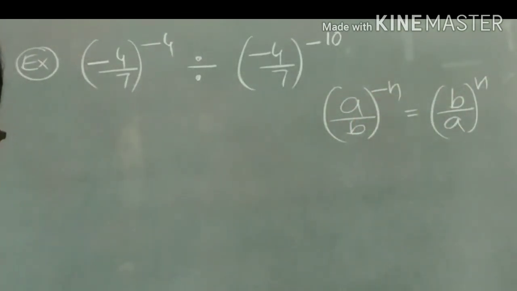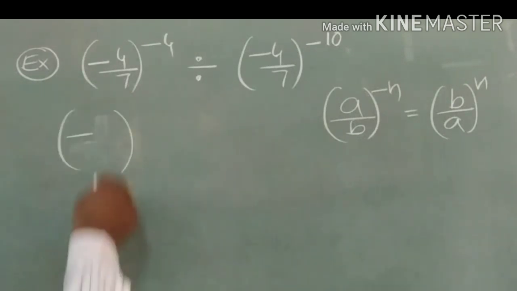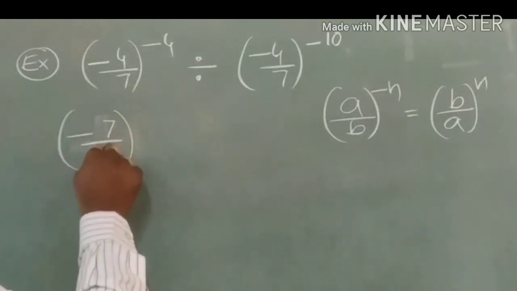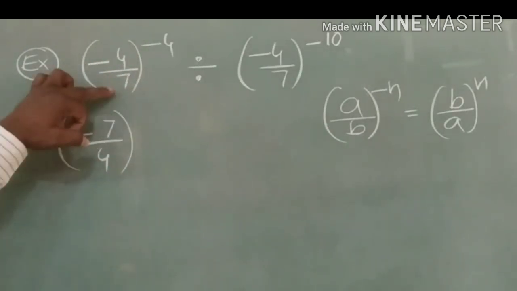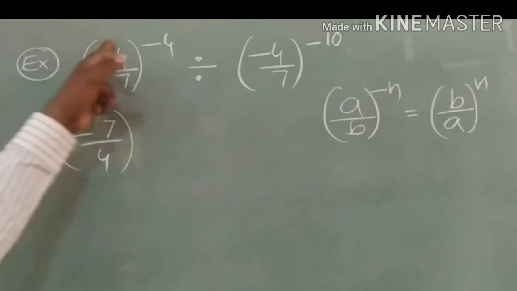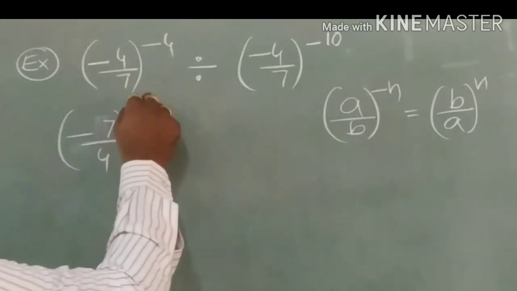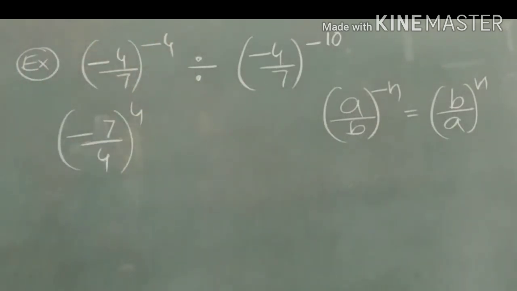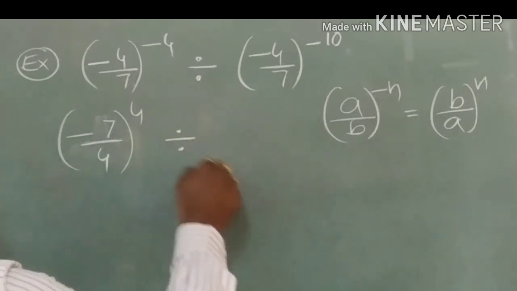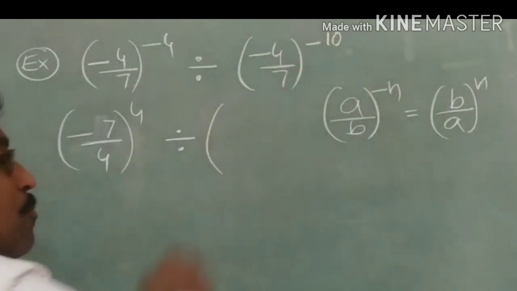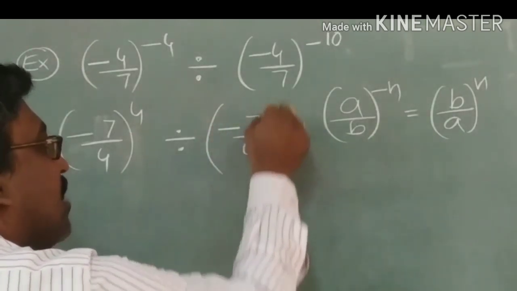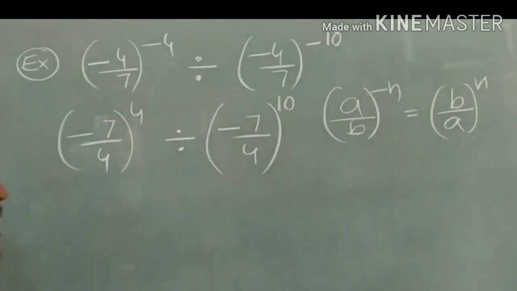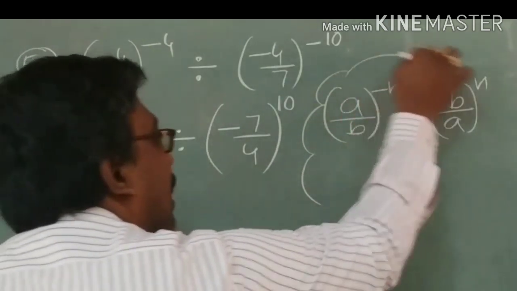Okay? Do not worry. So take the reciprocal: minus 4 by 7 becomes minus 7 by 4, into minus 7 by 4 whole to the power of 4, divided by, here also a negative power is there, that's good, minus 7 by 4 whole to the power of 10. Okay.